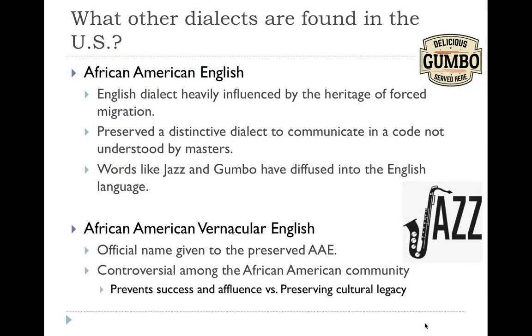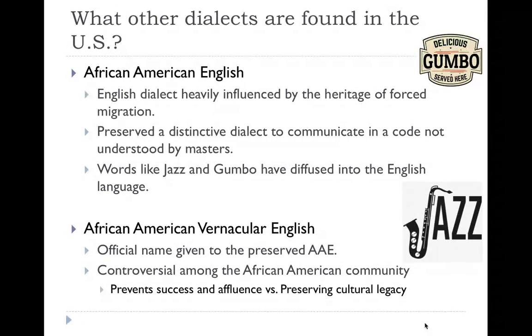So if we look around a little bit more at some of the other dialects found throughout the United States, we get into African-American English and African-American vernacular English. When we look at African-American English here, the English dialect has been heavily influenced by the heritage of the forced migration that happened in the United States in the South, right? We look at the forced migration of slavery, people being forced to come into the southern states, and they brought their culture and those ideas with them.